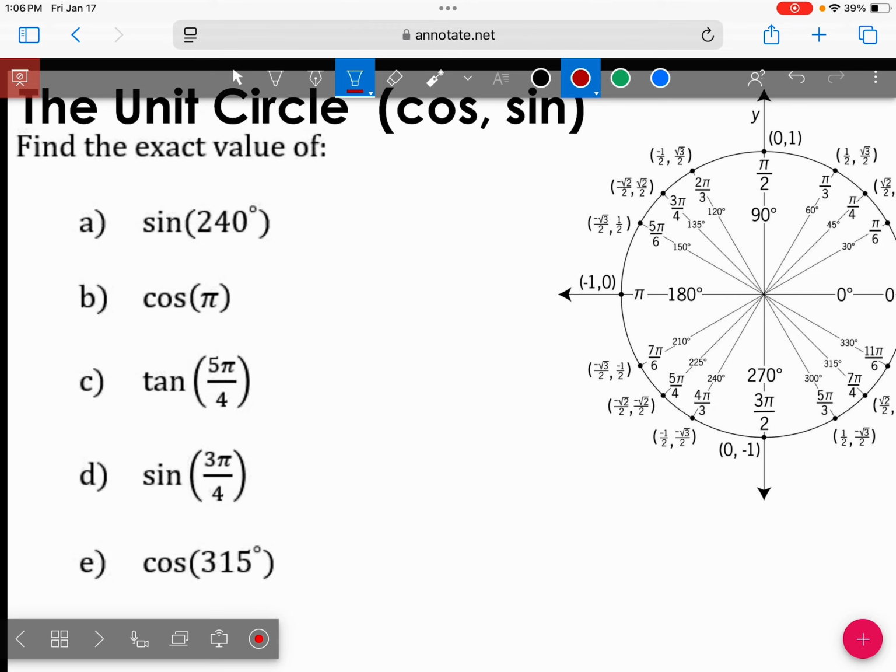When you divide two numbers that are the same, you get 1 or -1. So what is it going to be? Positive?